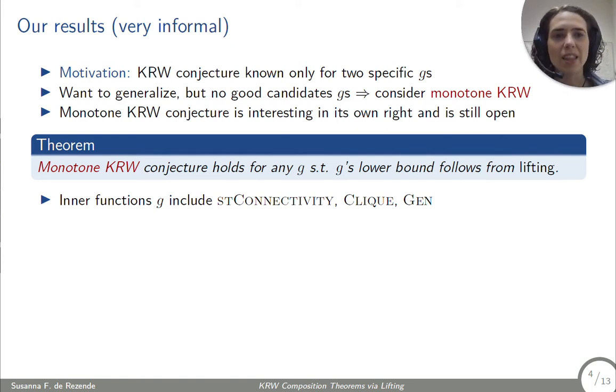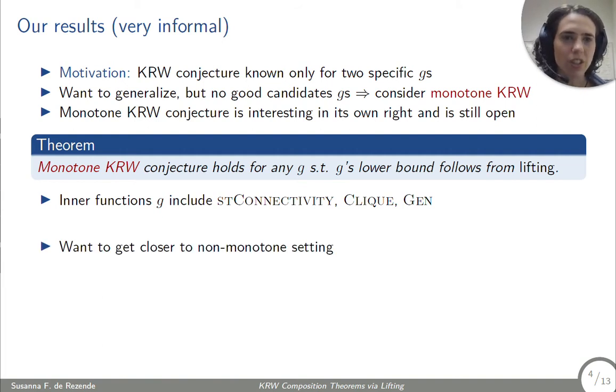But this is in the monotone setting, and our ultimate goal is to prove the non-monotone KRW conjecture. So in order to get closer to this non-monotone setting, we define the semi-monotone KRW conjecture. And we see this as an important contribution of this paper because it's a way to get from the monotone version to the non-monotone version.